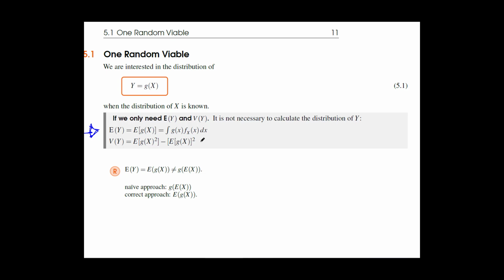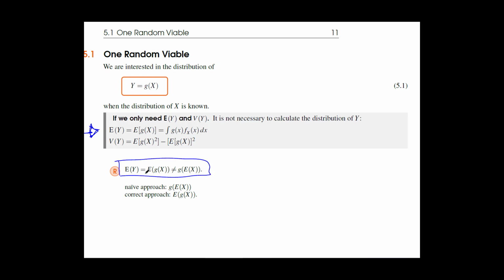Now, let's get another concept out of the way, which is really important in engineering. It is this notion of the naive approach and the correct approach when approximating functions. This remark right here says it all.